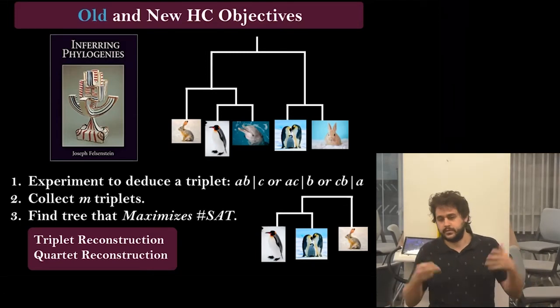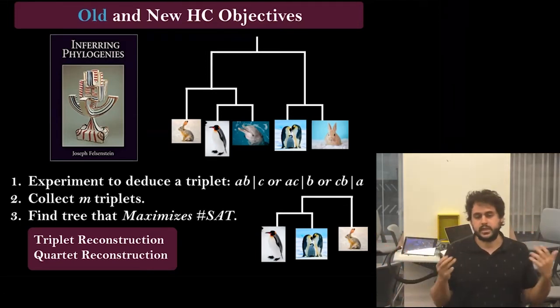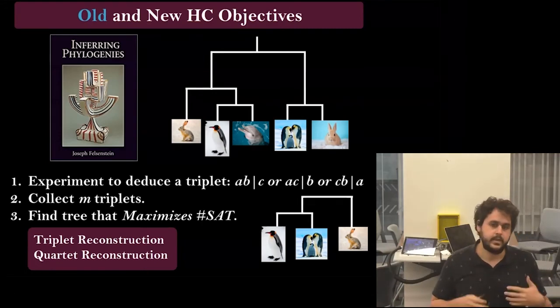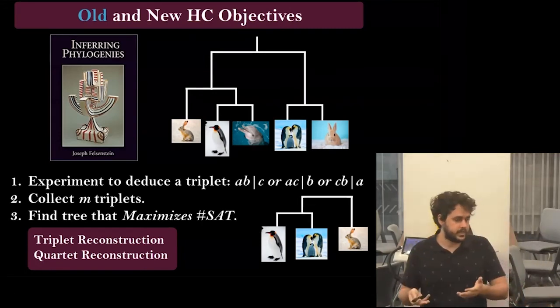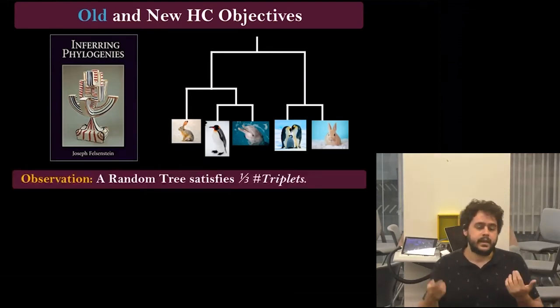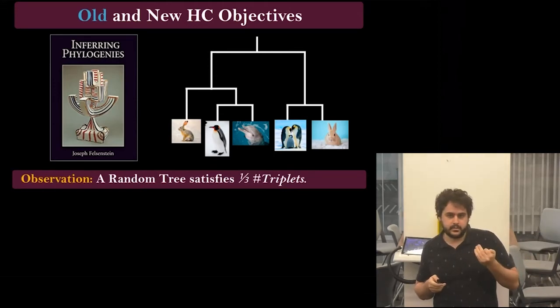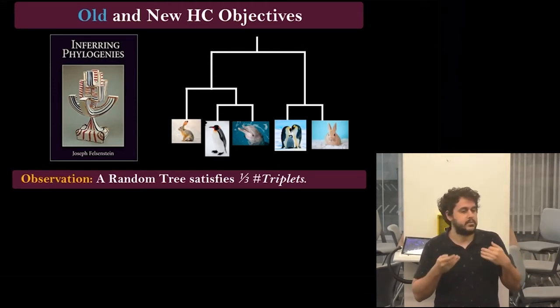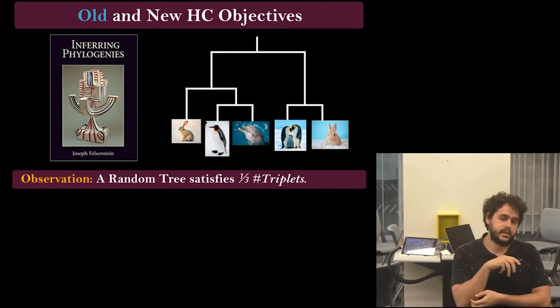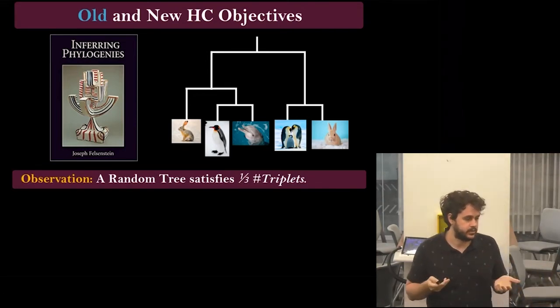We want to cluster us into k clusters so that we satisfy these pairwise constraints. Now, in this setting, pairwise constraints don't make sense, so we go to triplets. And the quick observation is that if you try to maximize the number of triplets that you satisfy, already a random tree will get you a 1/3 approximation.